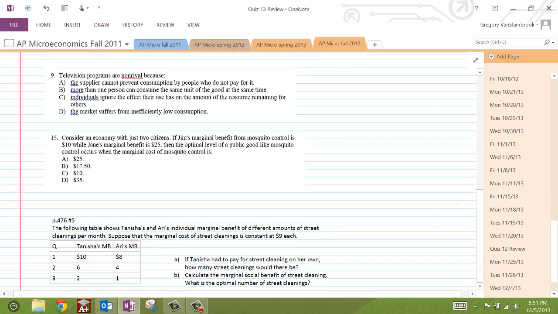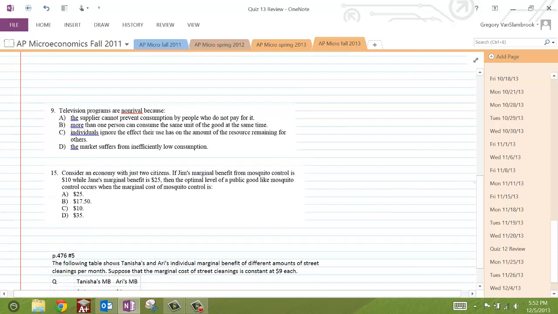Here's a couple of multiple choice questions on public goods to start us off. Number 9, from the multiple choice problems that were on your Google Drive folder. Television programs are non-rival because... One thing you need to be able to do for the quiz tomorrow is define and give examples of non-rival as well as non-excludable.